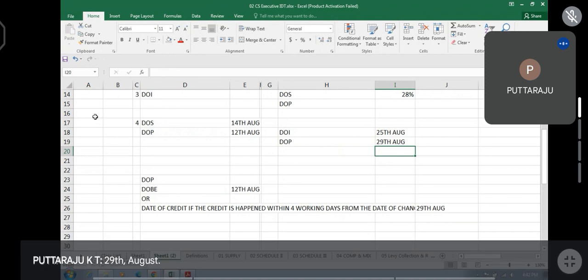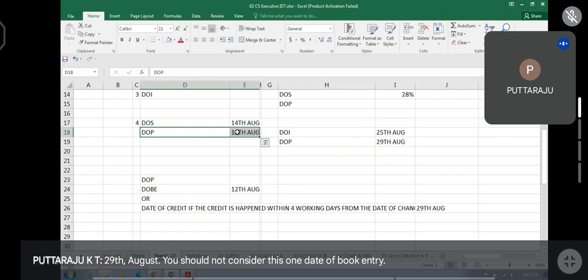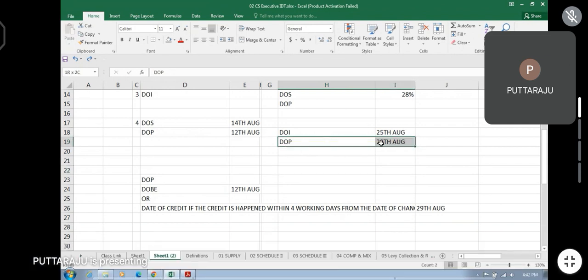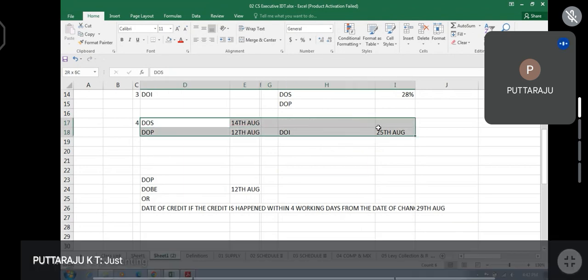You should not consider this one, the date of book entry. Now tell me, if you are not considering this, just assume only this is the problem.